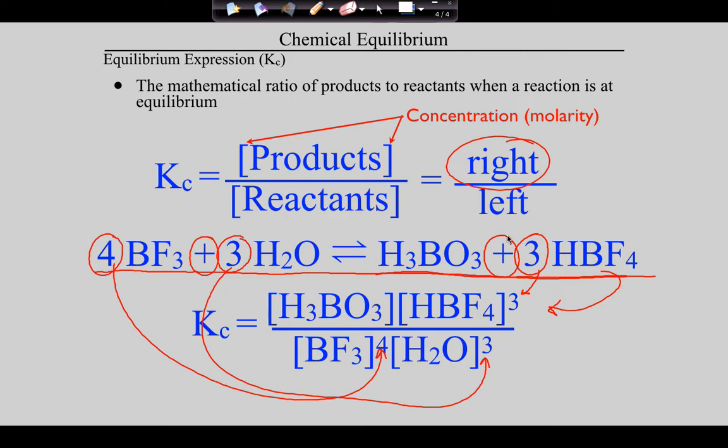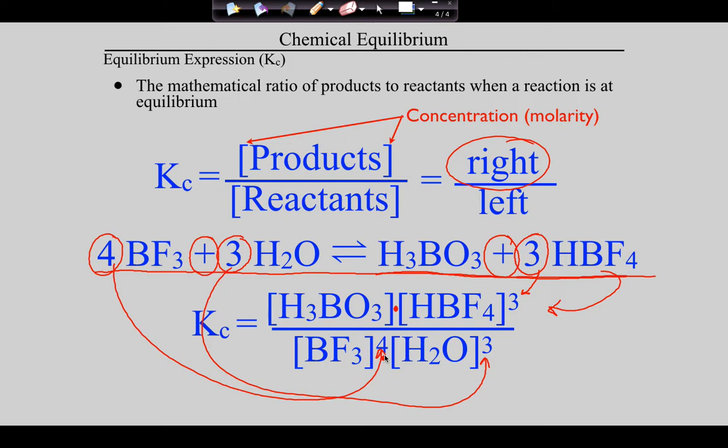If you've got two things in parentheses with no sign between, it's understood to be a multiplication. So when you're writing your KC values, your additions become multiplications. That's number 2. So your 2 rules for writing KC expressions are: 1, coefficients become exponents, and 2, additions become multiplications. And if you can keep track of that, and remember that it's right divided by left, you're going to do really well with these.